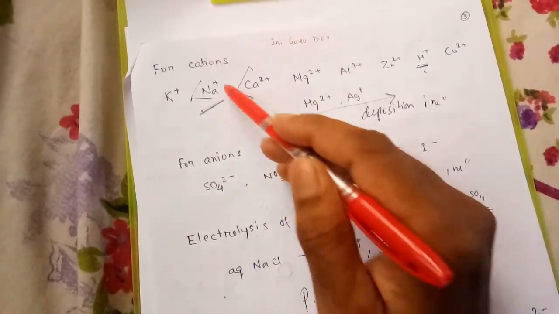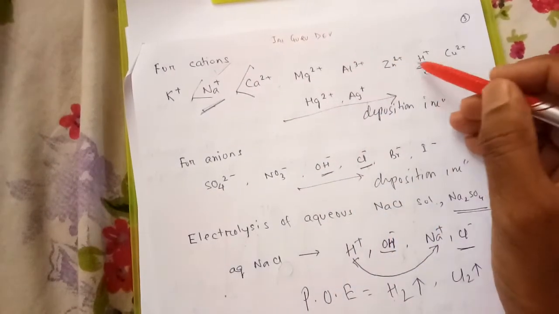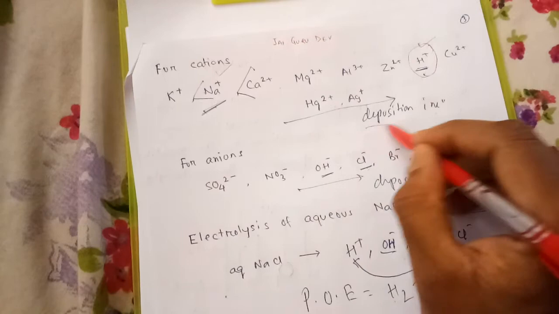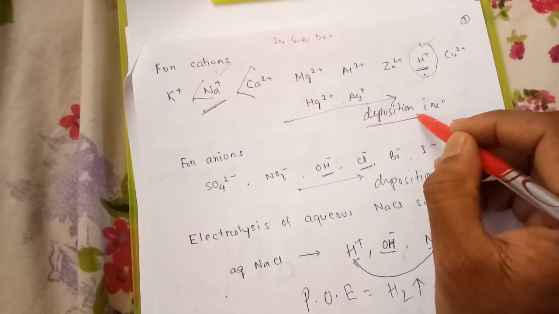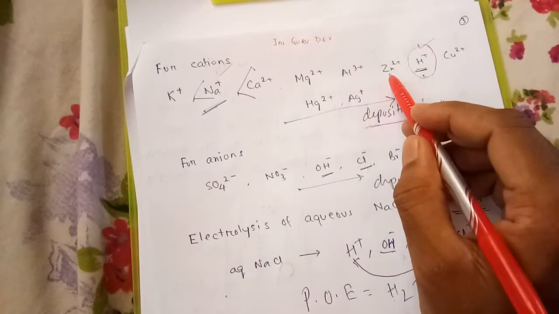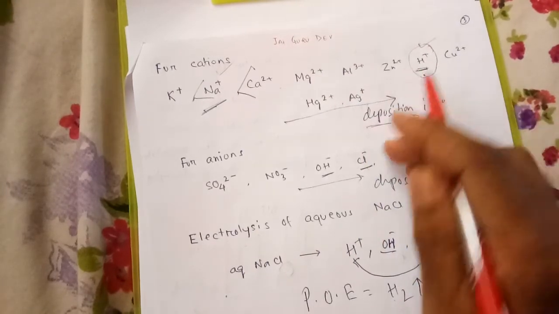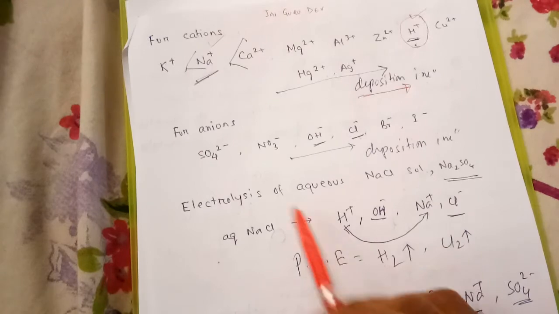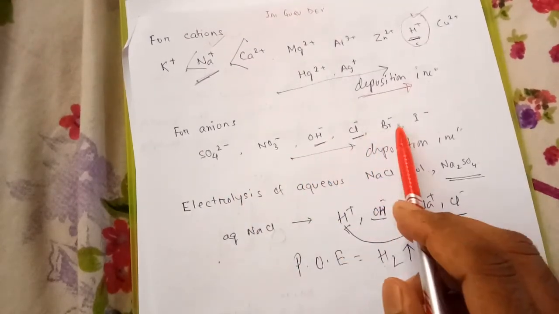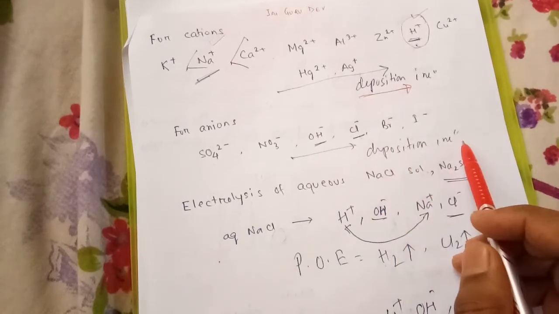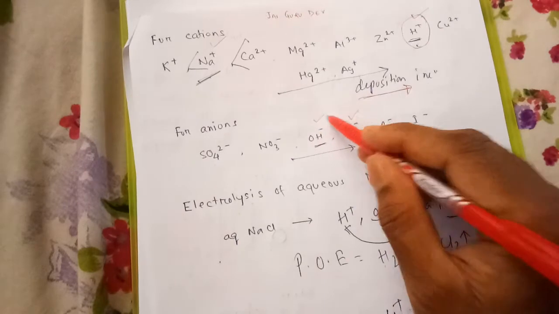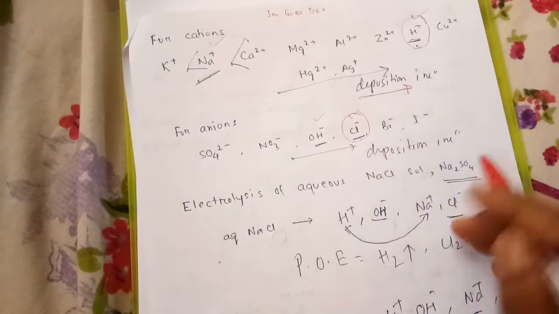Out of sodium and hydrogen, hydrogen will liberate. As you go towards the right hand side, deposition is more. Out of aluminium and zinc, zinc will deposit. So these things you remember. For anions: SO4 dinegative, NO3 negative, OH negative, Cl negative, Br negative, I negative. Deposition increases from left to right. Now if I consider Cl negative and OH negative, Cl will deposit.